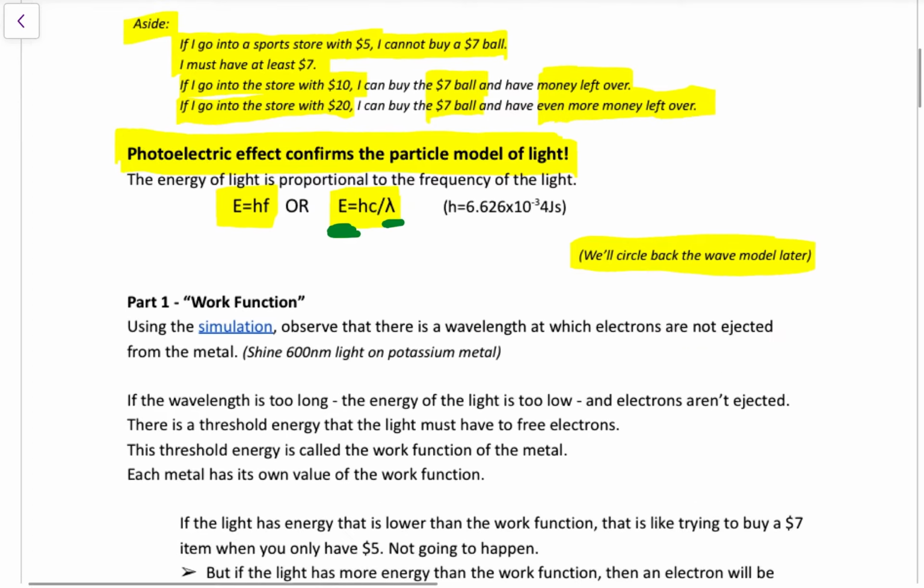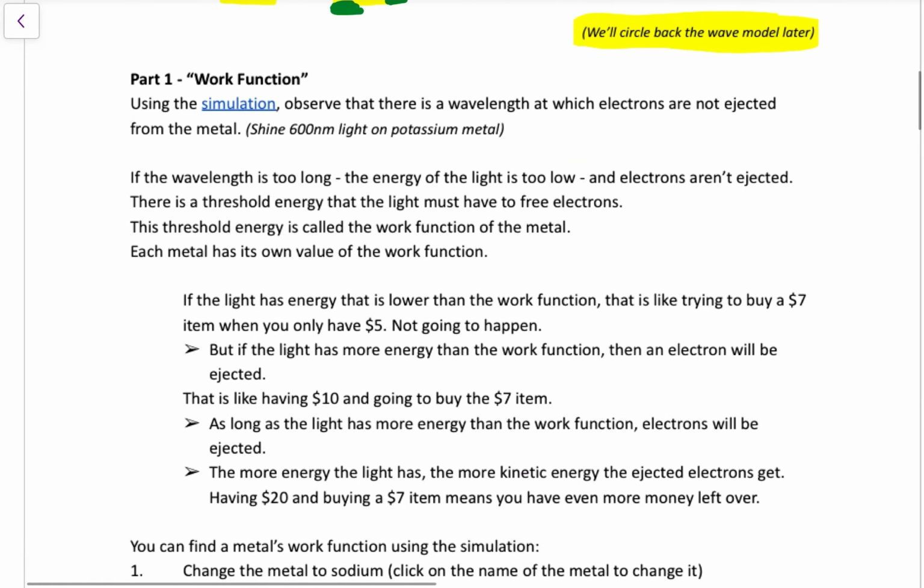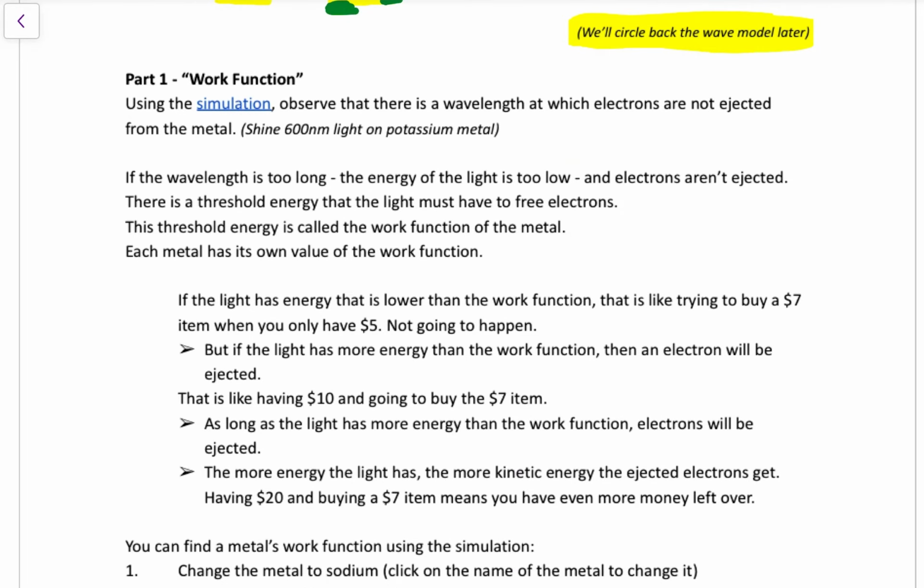All right. If you played with the lab, or if you haven't played with the lab, spend some time on the simulation, and I'm going to talk you through hopefully what you could have seen. There is something called the work function. If you play with the simulation, you'll notice that there's a longer wavelength at which electrons aren't ejected.